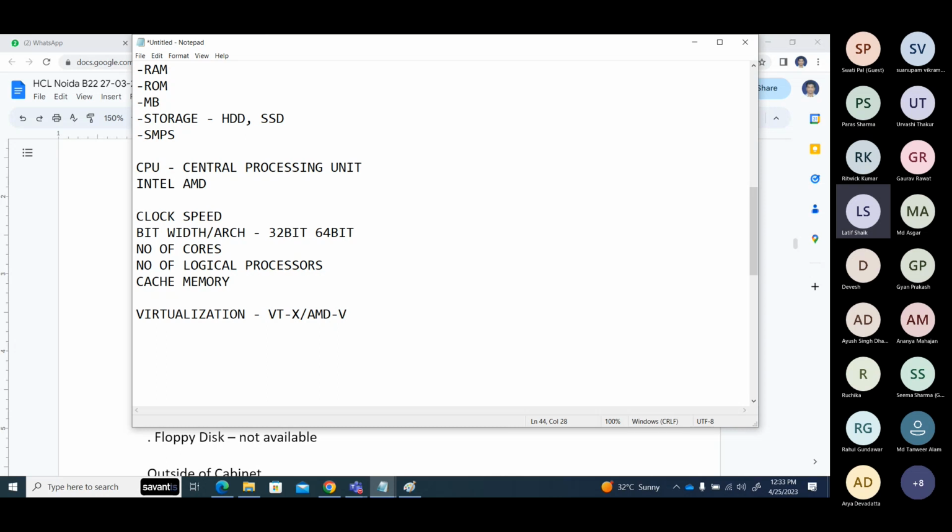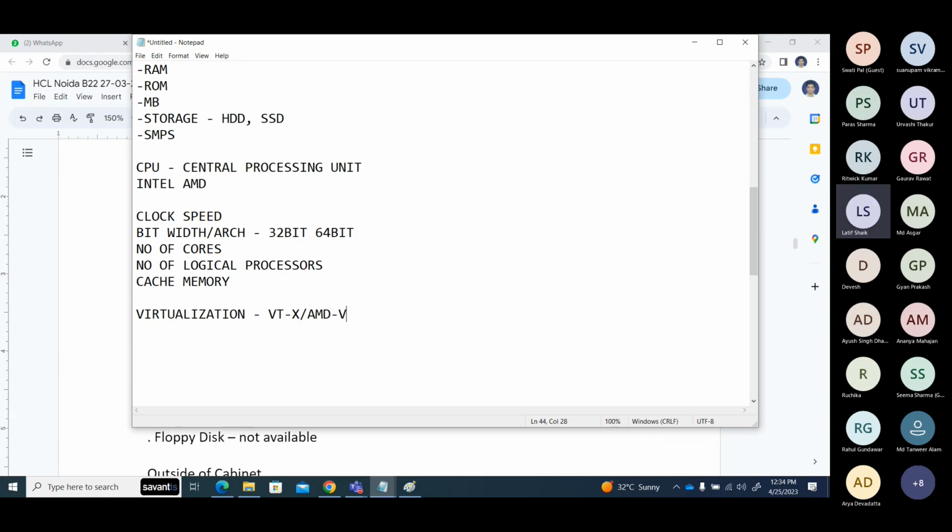Using virtualization, you can run a virtual machine on your physical machine. Maybe you want to do practicals on Docker. In future you may learn about DevOps, and as part of DevOps you learn about Docker. Now you want to install a Docker engine on your PC, so virtualization support is required.